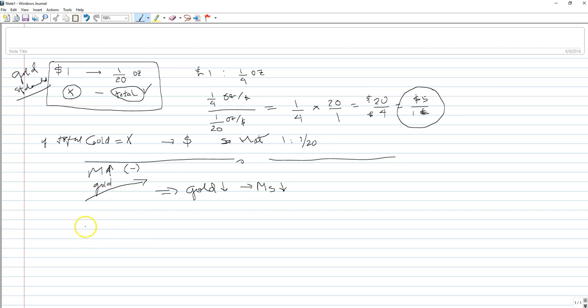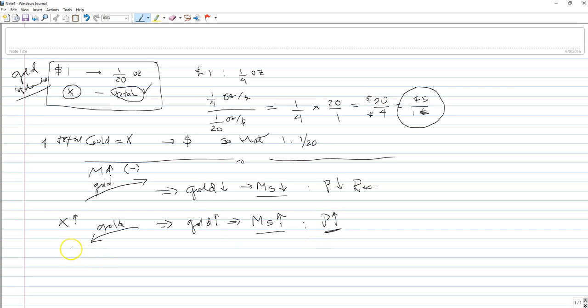And vice versa, if we were receiving gold, which is what we will receive if we export more, then we will have more inflow of gold, and as a result, the money supply will be forced to increase. In each case, the first will lead to a fall in prices and a recession. And the second will lead to inflation or increasing prices.